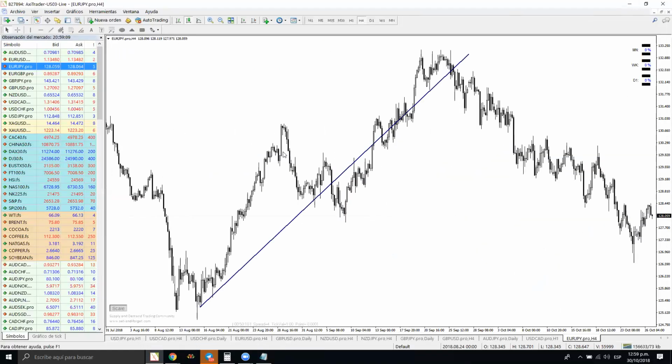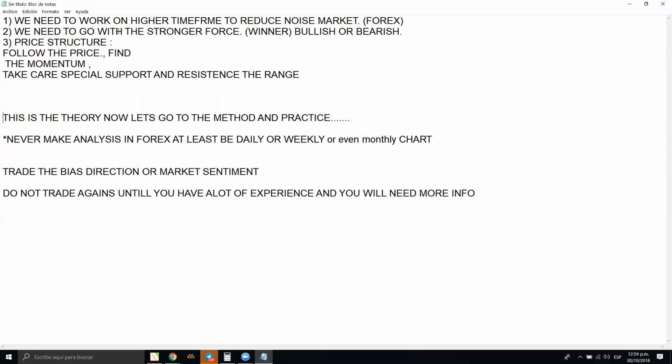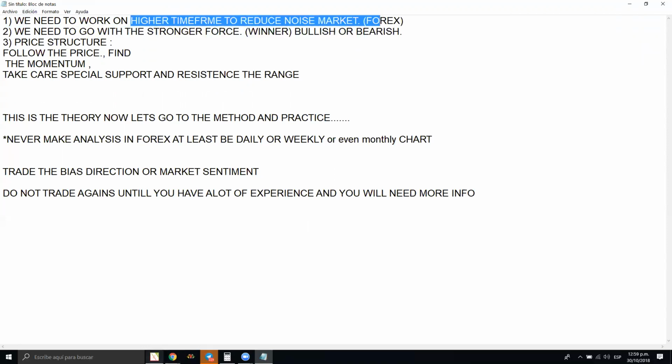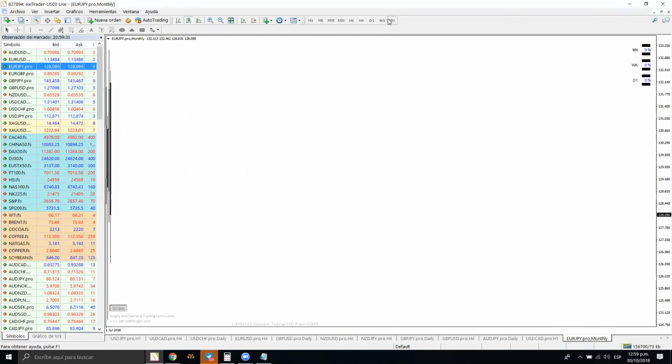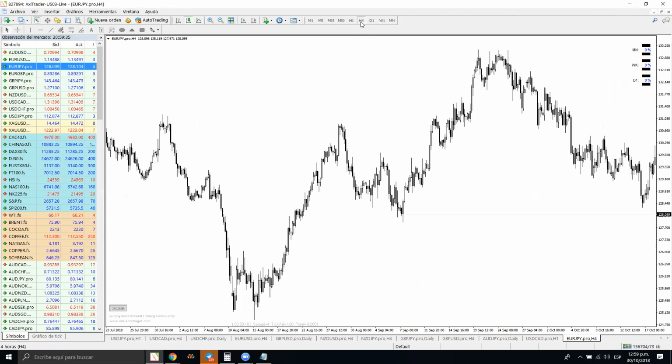Understanding this from this pair, I understand that now the pair is going down, down, down. So let's see something that I marked here. First, we need to work on a higher time frame to read this market. Okay, we are working from the monthly to the daily and set up the trades on H4.